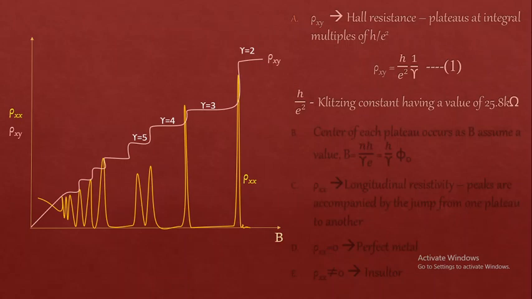And this h by e square, the term in equation number 1, is taken as the quantum of resistivity, which is also called the Klitzing constant, having the value of 25.8 kilo ohm. So Klitzing, based on the exploration of the quantum Hall effect, it is in his honor.